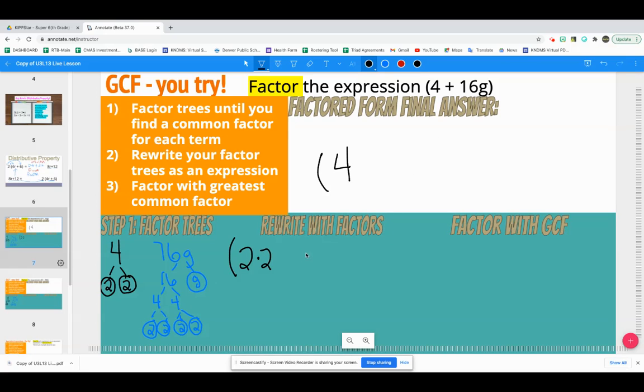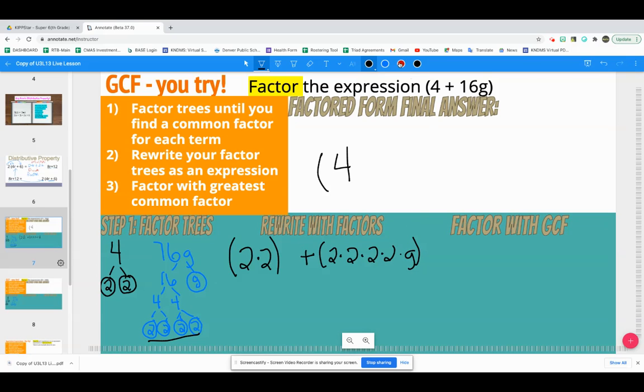Then plus 16g, which is, in this case, 2 times 2 times 2 times 2 times g. As you can see here, I literally just rewrote what I had down here. I have four 2's times g. Don't forget this g on the top. You want to include it because that's also part of the factor. It's 16g, not just 16.